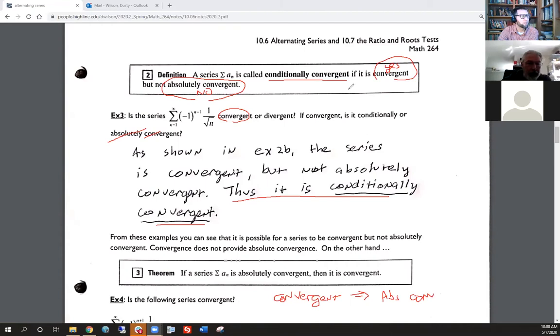Here I have an implication, so I'm going to X my way through it. Convergent does not mean that, but absolute convergence does imply convergence. Questions about that? Very good.